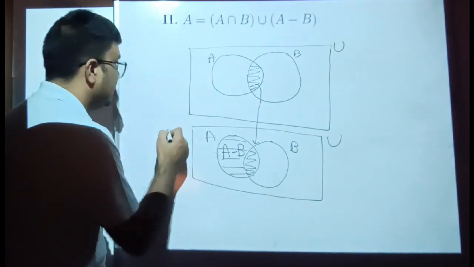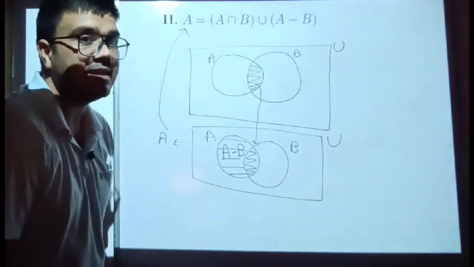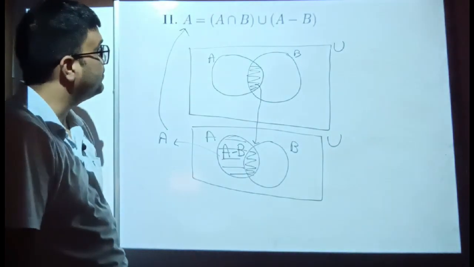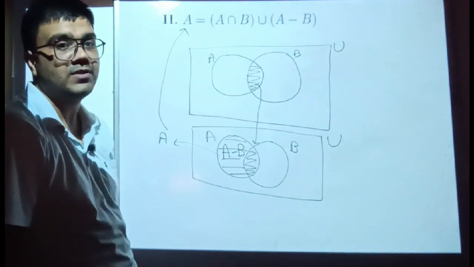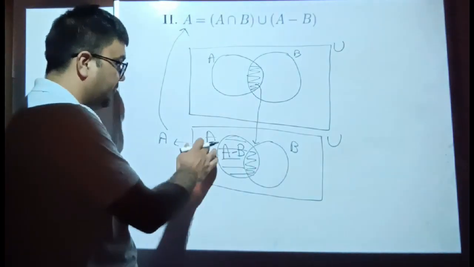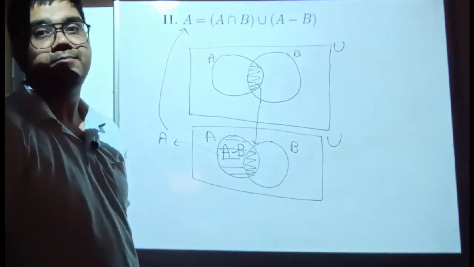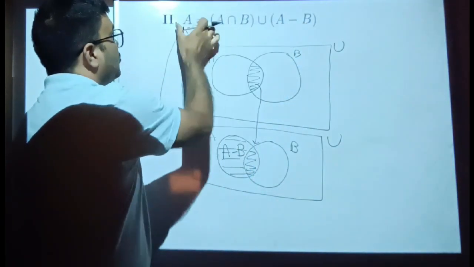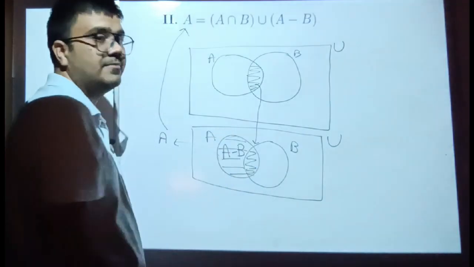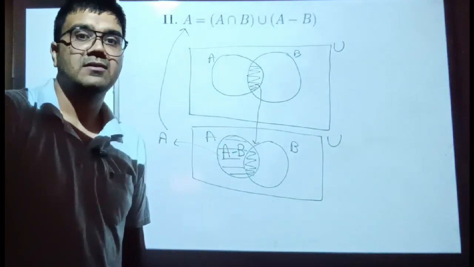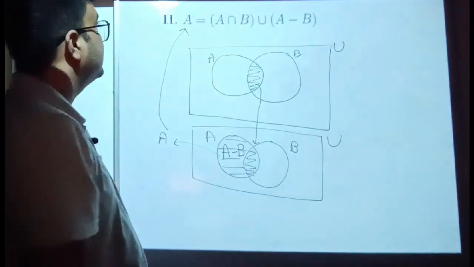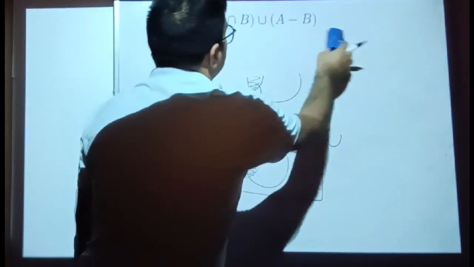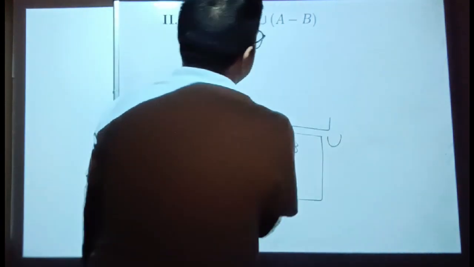It is the set A. So the part that overlaps with B, which is A intersection B, and the part of A that does not belong to B, which is A minus B. When we take the union of both these, we obtain the complete set A. So we have this result that A is equal to A intersection B union A minus B.